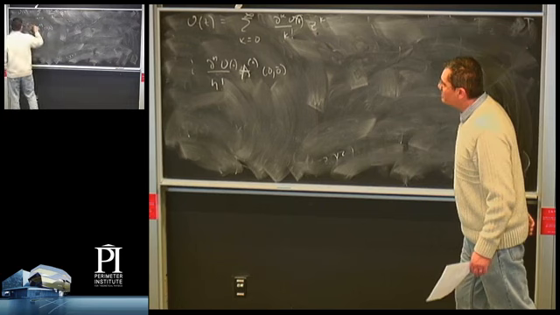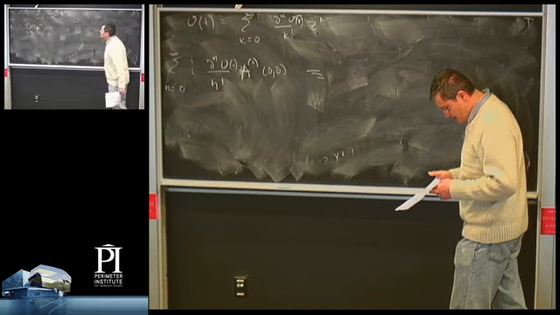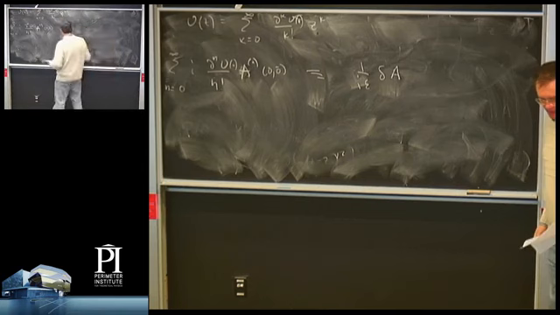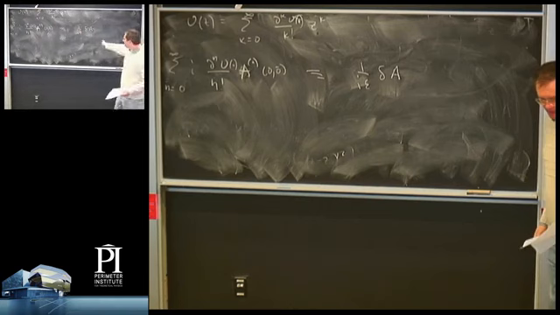And so that's what comes from our residues, the sum from 0 to infinity. So this equals 1 over i epsilon delta A.